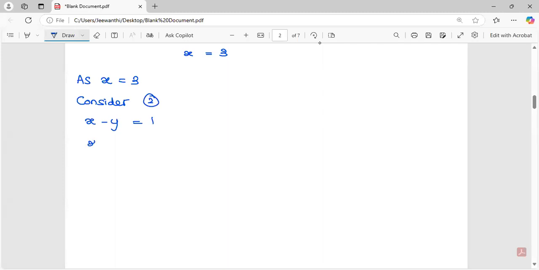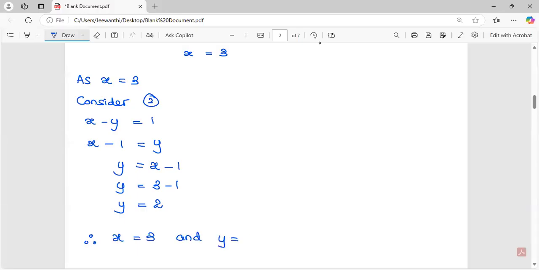So then I keep x and bring positive y to this side, negative. So positive 1 becomes negative 1 and negative y becomes positive y. So then I rewrite y is equal to x minus 1, y is equal to 3 minus 1, y is equal to 2, right? Therefore, x is equal to 3 and y is equal to 2.